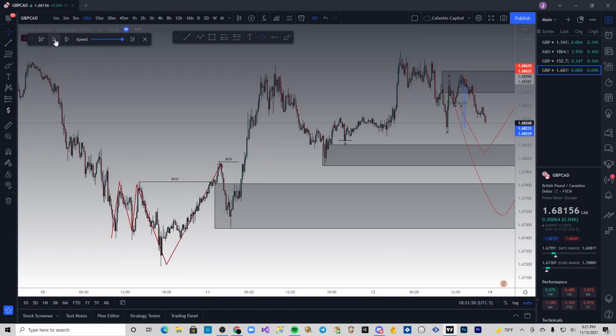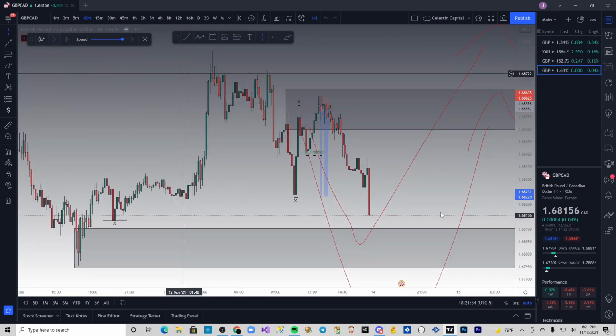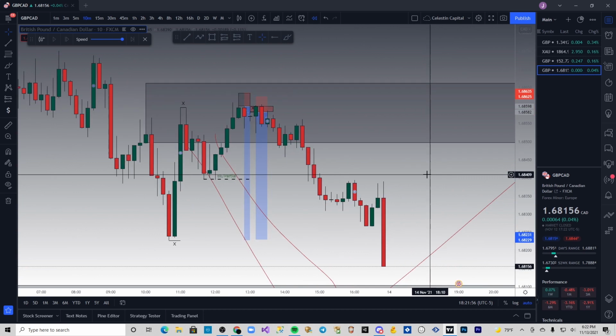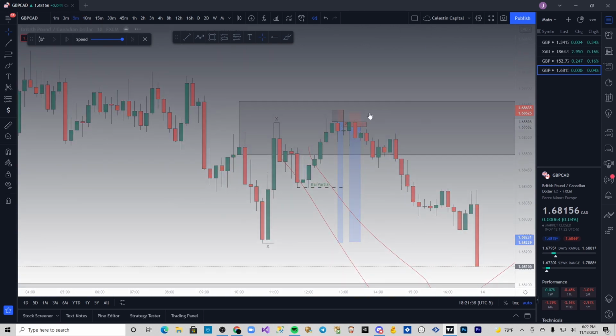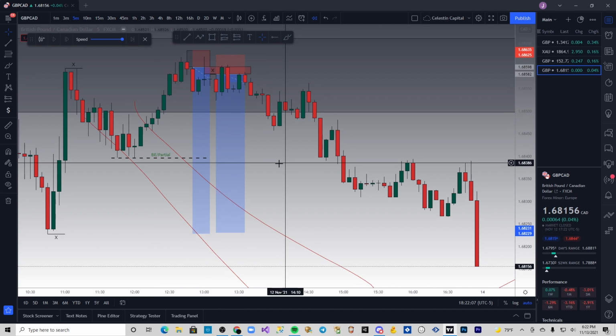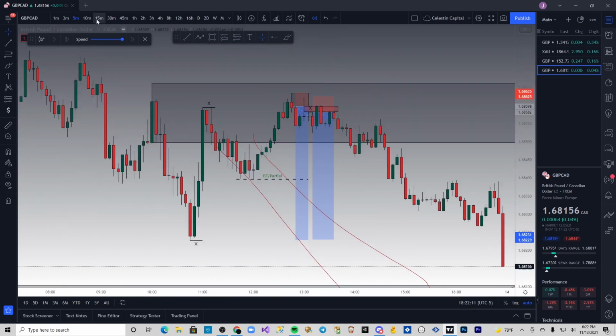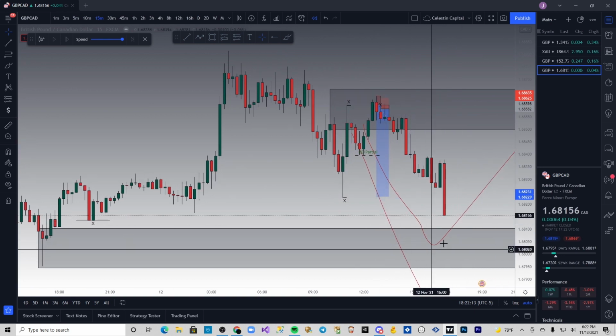Let's go on a higher time frame and see what happened. So this trade right here was actually taken on my FTMO account. And unfortunately, because it was a Friday and the market was getting ready to close, I could not hold this trade, because again, my target is this demand zone right here.